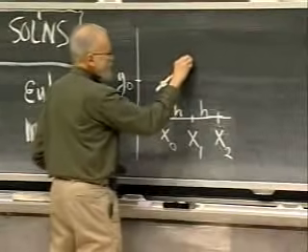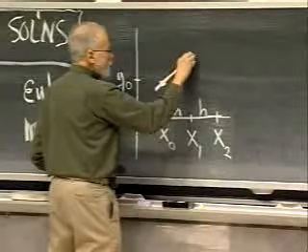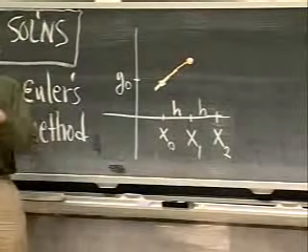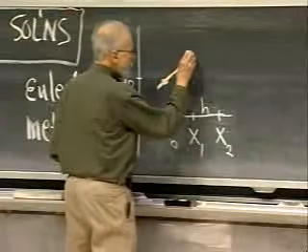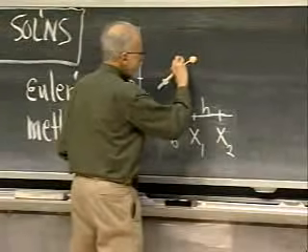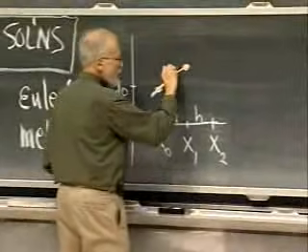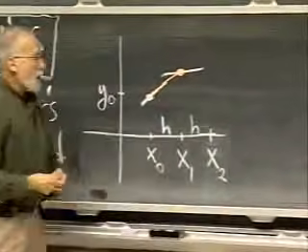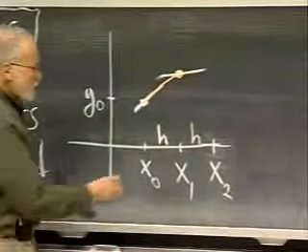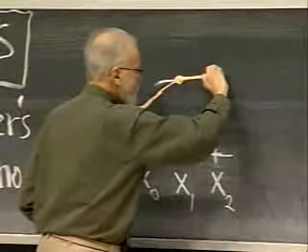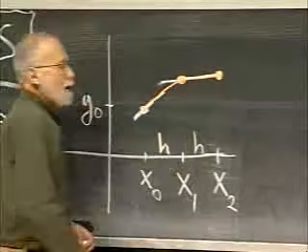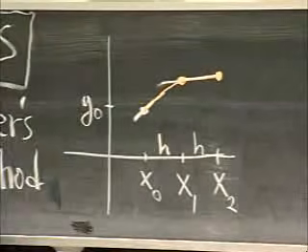We stop at that point, and now you recalculate what the line element is here. Suppose the line element now through this point goes like that. Well, then that's the new direction that you should start out with, going from here. And so the next step of the process will carry you to here. That's 2 steps of Euler's method.